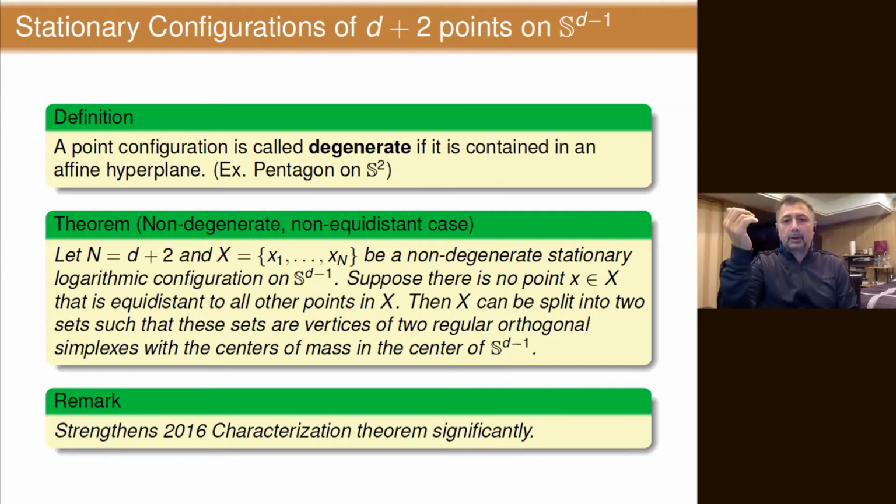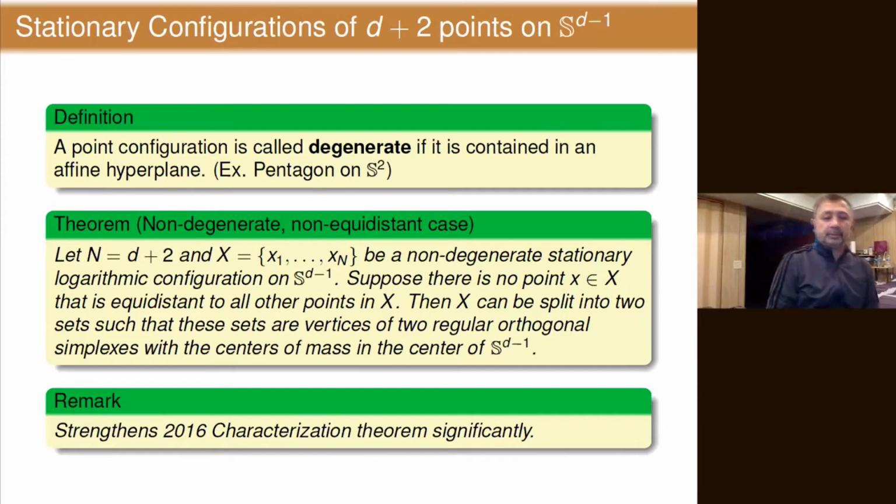So let n be D plus 2 be a non-degenerate stationary logarithmic configuration. Suppose there is no point x from that set that is equidistant to all the others, then the set can be split into two sets such that these sets are vertices of two regular orthogonal simplexes with the centers of mass in the center of S^(D-1).